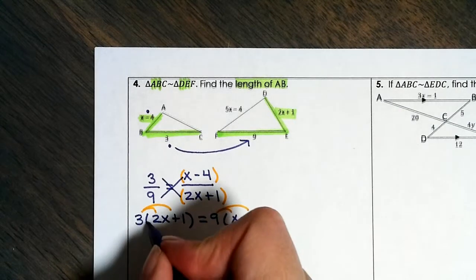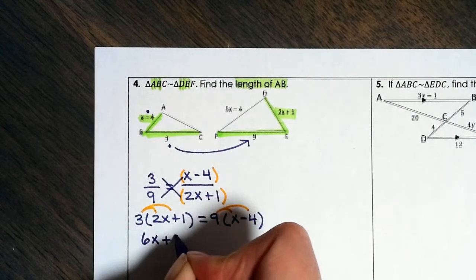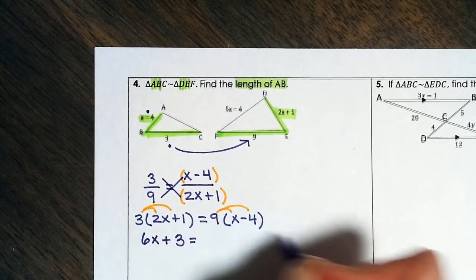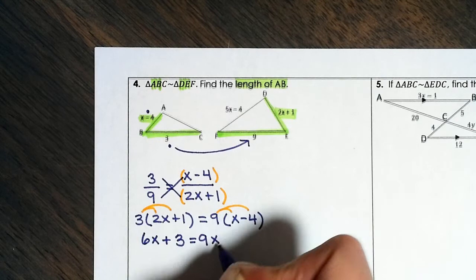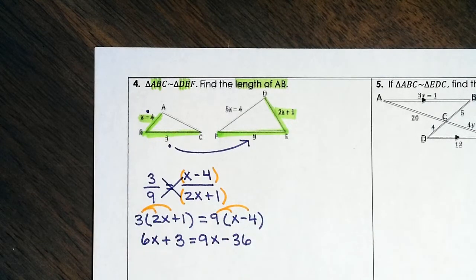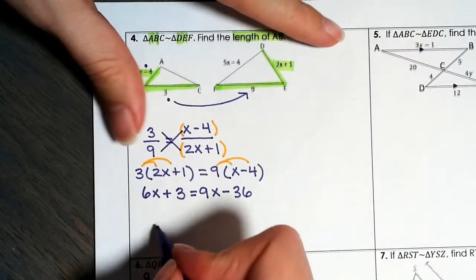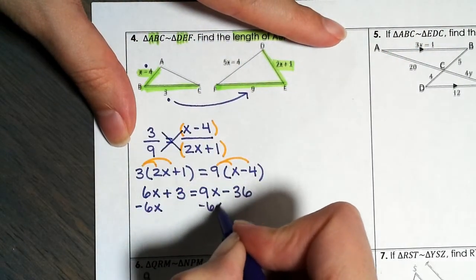So 3 times 2x is going to be 6x. 3 times 1 plus 3 equals 9 times x is 9x. 9 times negative 4, negative 36. Once you're at this point, you should be able to solve these problems pretty quickly just by solving the equations.